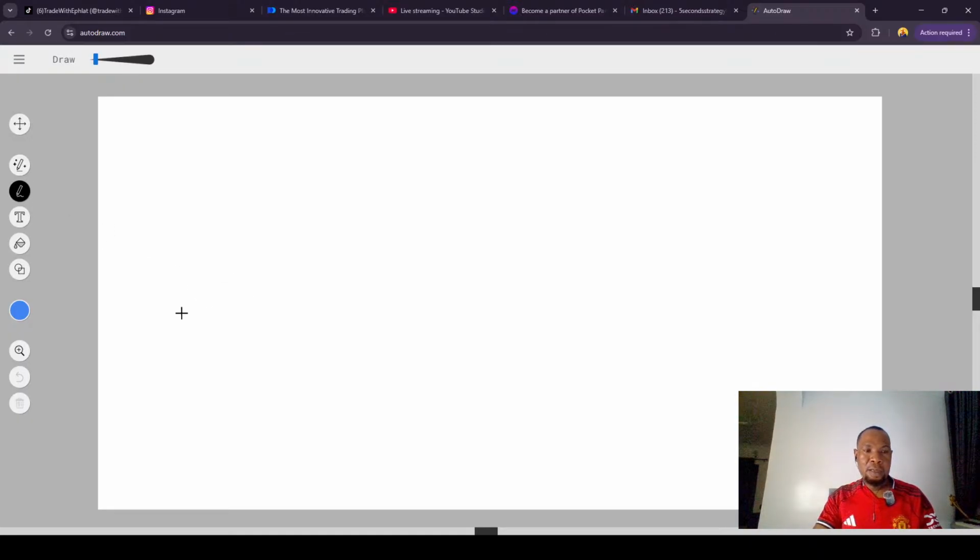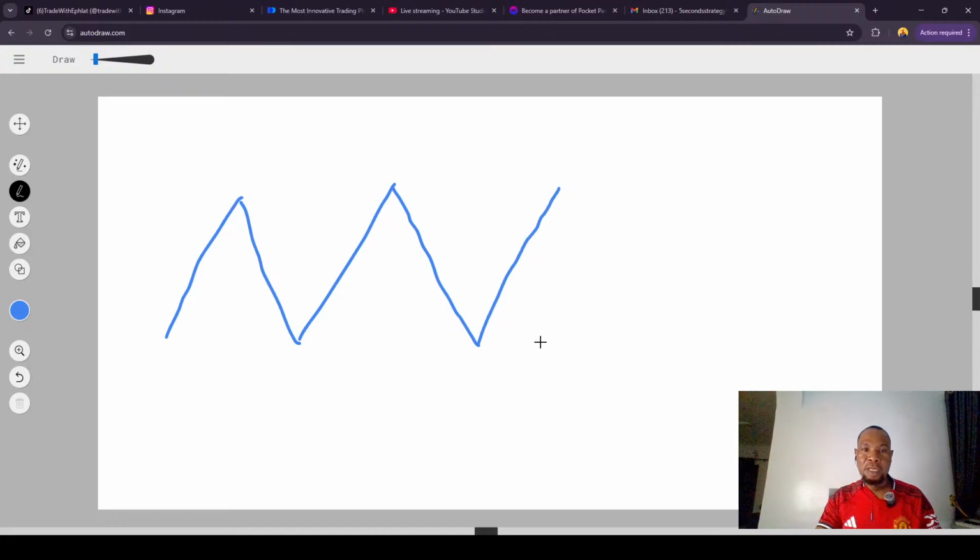So support and resistance, you have a chart moving like this, like this, like this. So the point at the top, where is the cleaner? Cleaner is auto draw.